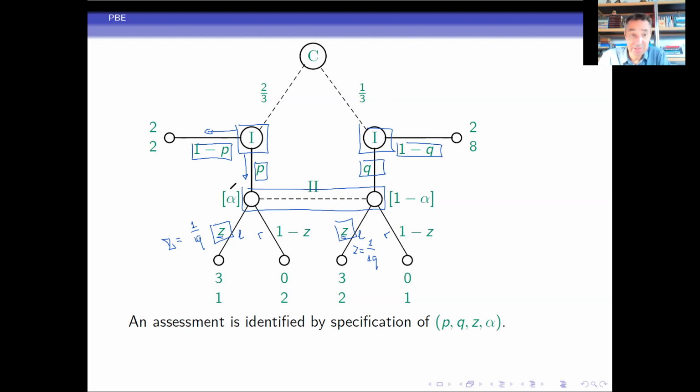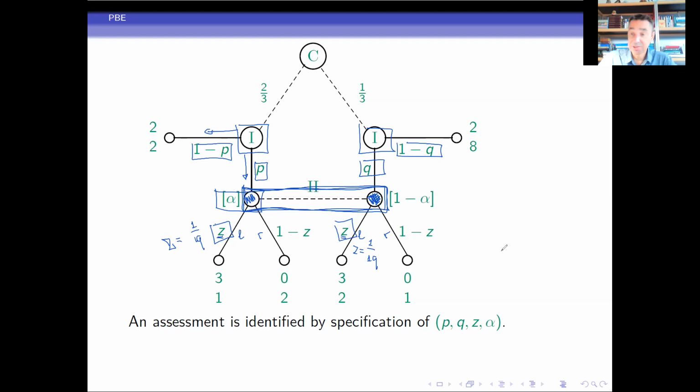For the rest, there is this belief alpha. In each non-singleton information set, players need to have beliefs if you want to compute perfect Bayesian equilibria. So this is the only non-singleton information set that is currently present in this game. We only have one probability to specify, namely alpha, to be in this node over here. And then 1 minus alpha is the remaining probability to be in this node over there.